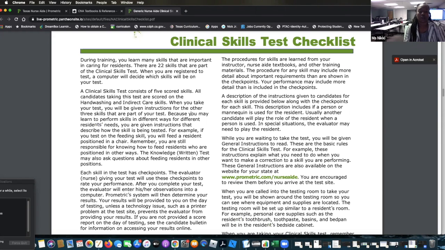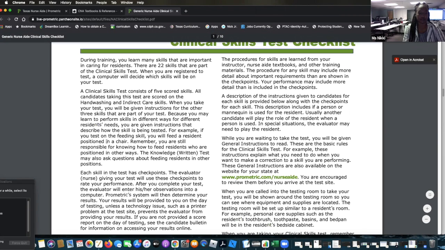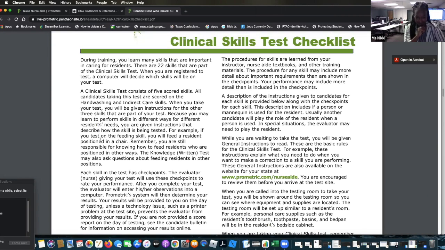Okay. Because you may have to learn to perform skills in different ways for different residents' needs, you are given instructions that describe how the skill is going to be tested. For example, if you test on the feeding skill, you will feed a resident positioned in a chair. So not in a bed, in a chair.